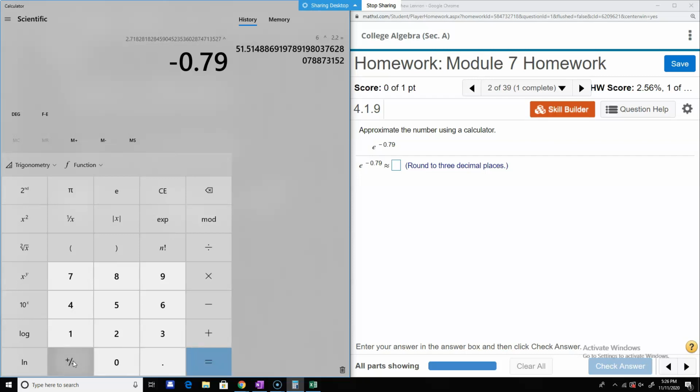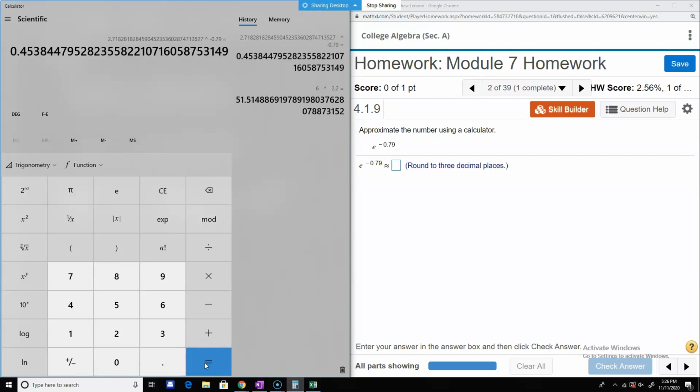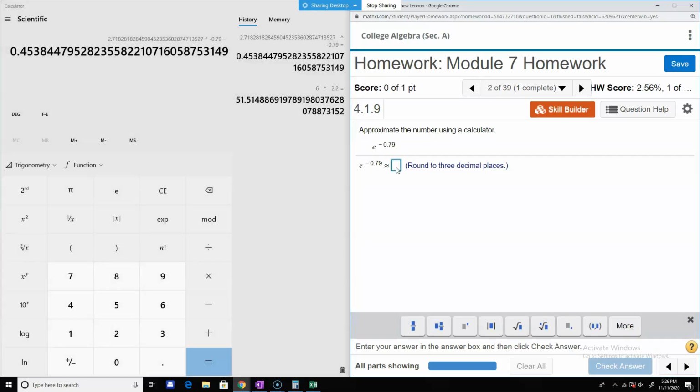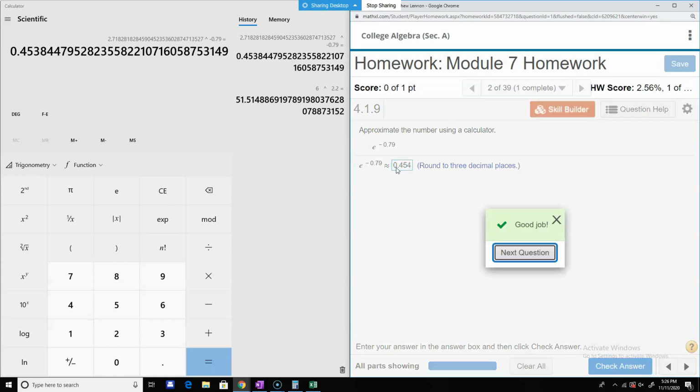What's that negative there? Yeah, so that's the correct value. So we want to type that in 3 places, so it looks like 0.454. And we get that value right there.